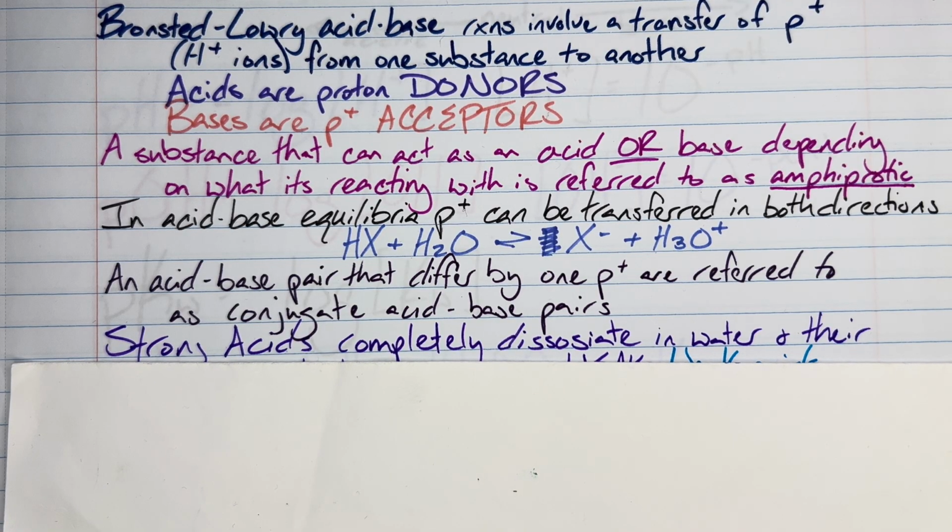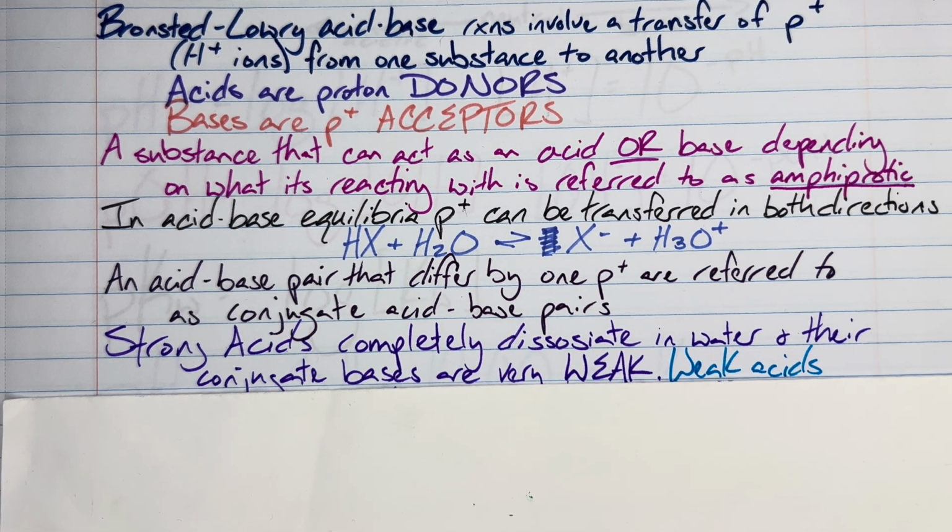Strong acids are going to completely dissociate in water, and their conjugate bases are relatively weak. This means that they're bad at reaccepting those protons. Those protons dissociate very, very readily, and the conjugate base just doesn't really want to take those protons back.